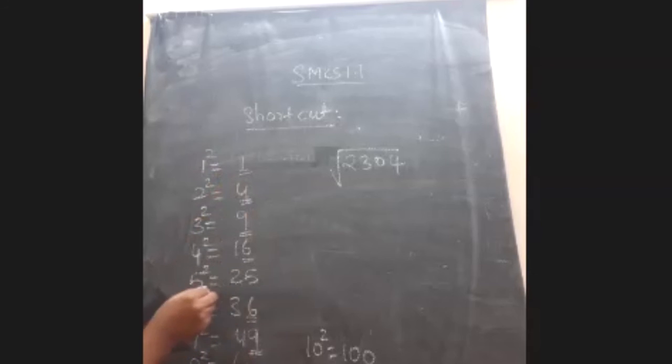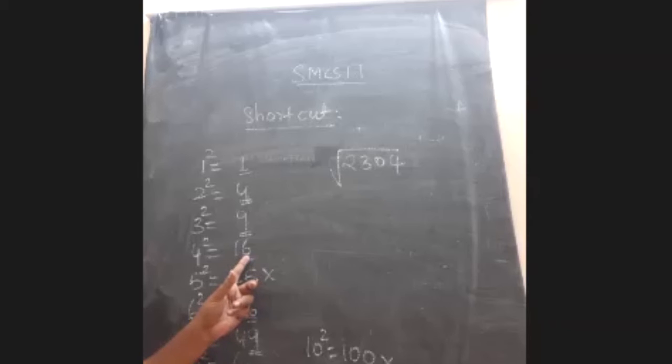So you don't bother about 5 and 10. Why? Because if you multiply 5 with 5, you will always get 5 as the last digit. But with 4 into 4, you will get different unit digits.